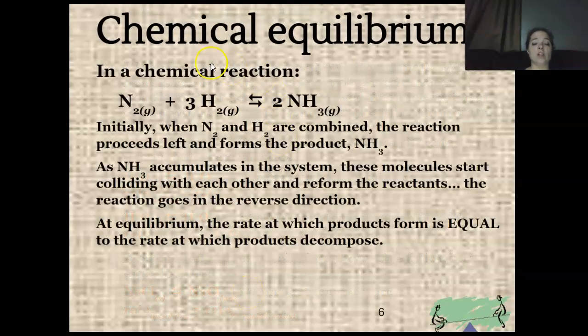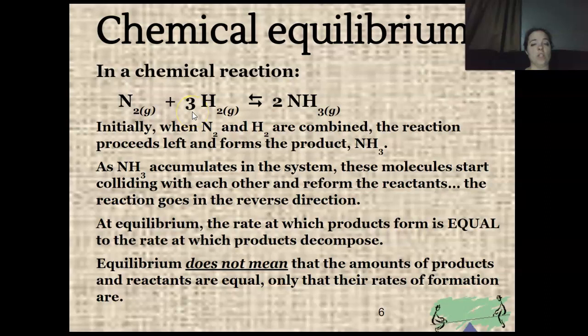In a chemical reaction, we've got this chemical reaction. We're going to see this quite a bit. So you've got nitrogen and hydrogen giving you ammonia. Initially, when nitrogen and hydrogen are combined, the reaction proceeds to the left and forms ammonia.